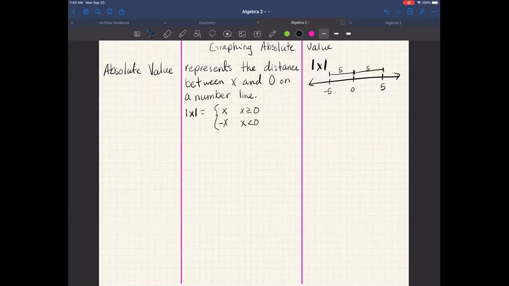Okay, so because they meet on that 0 point, that's why you get that V shape. Because although this one right here should give me an empty circle, the other one is a filled in circle. So it kind of covers both ends. Okay, so they kind of counter each other and just look like one graph.